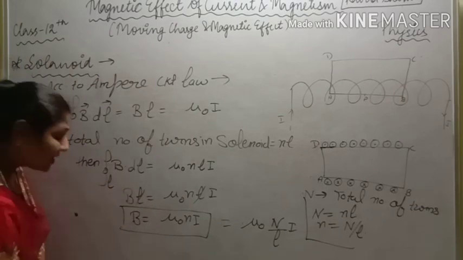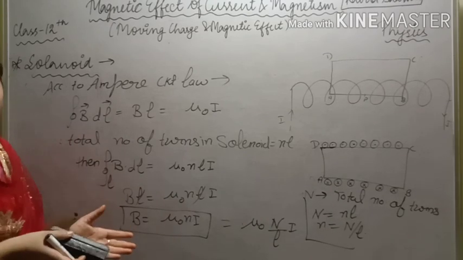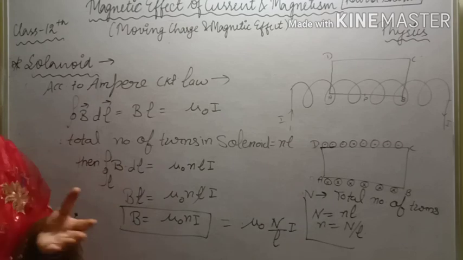Now this magnetic field we can increase by inserting other material, other conducting material like iron, nickel, cobalt.